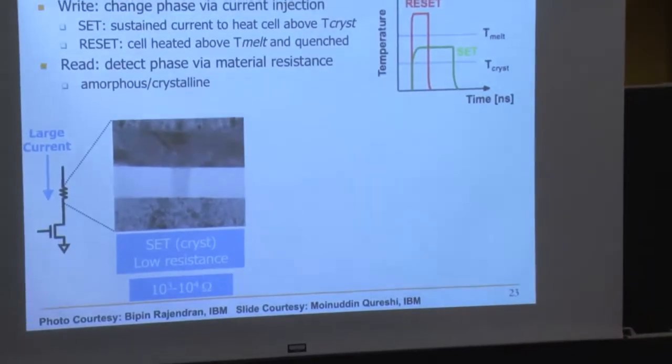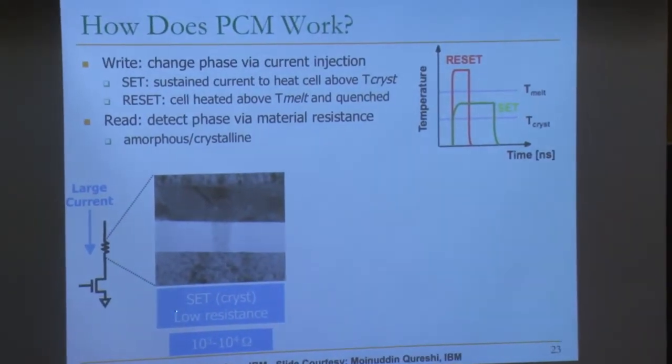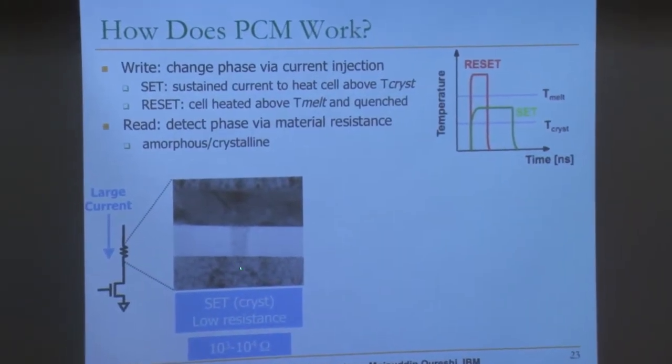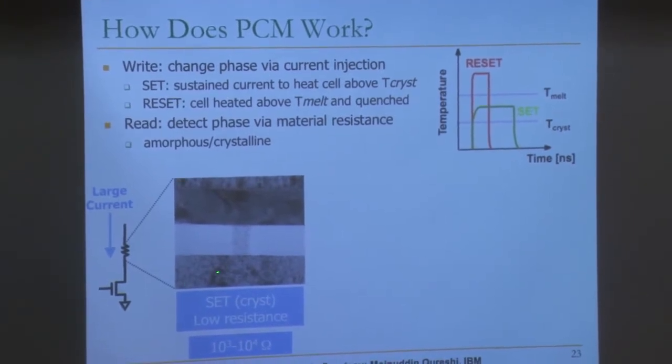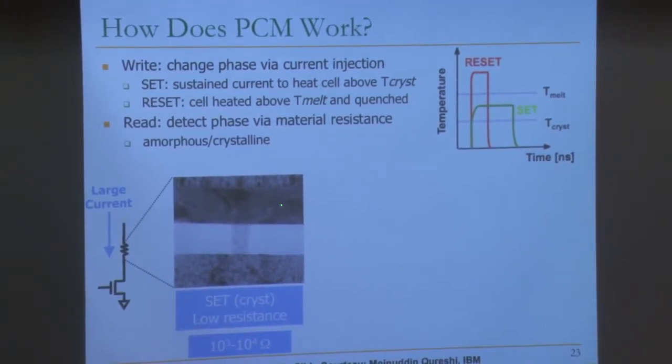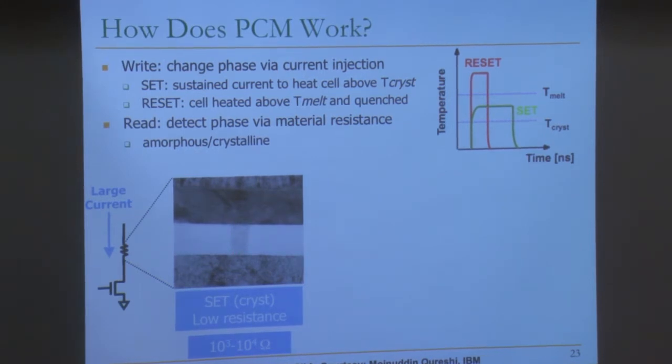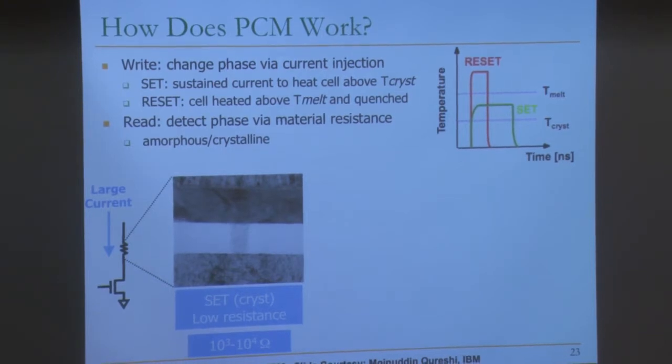So what does this look like? Well, here's the set operation, which is the crystalline phase. It has the low resistance right here. So here's a couple of the junctions right here. We have a heater and something that we can use to sense. And this is basically the piece of material that's letting electrons pass through. In this picture, it doesn't look like it, but it's kind of wide.